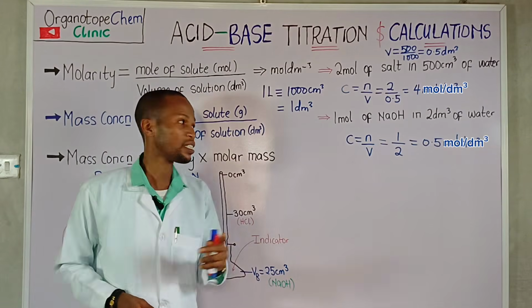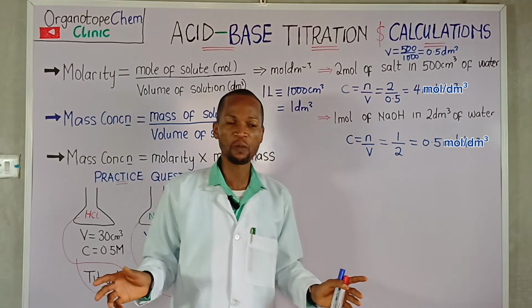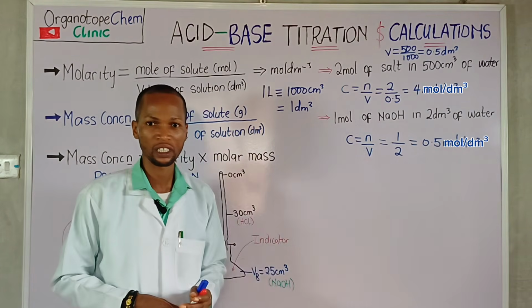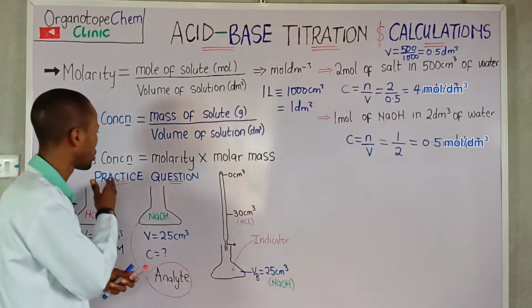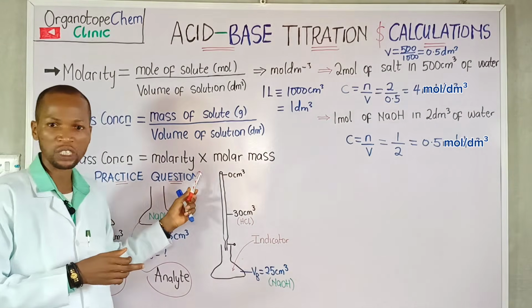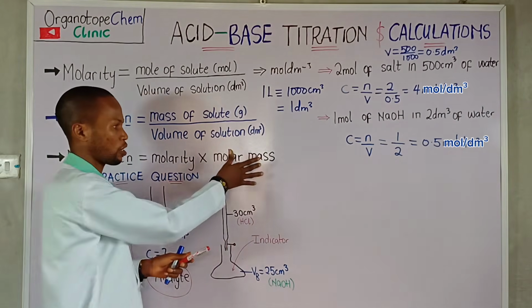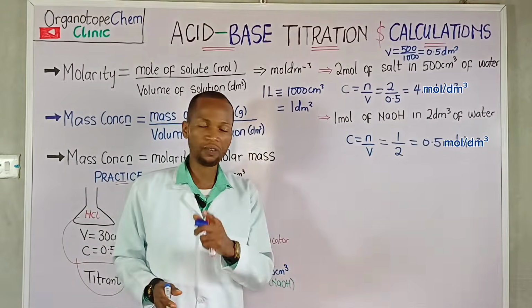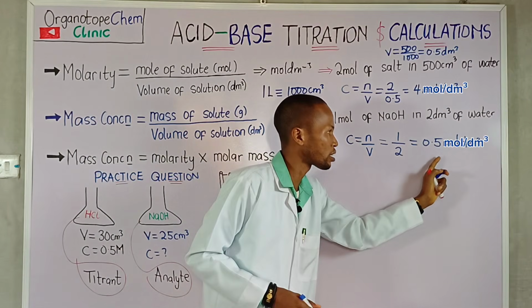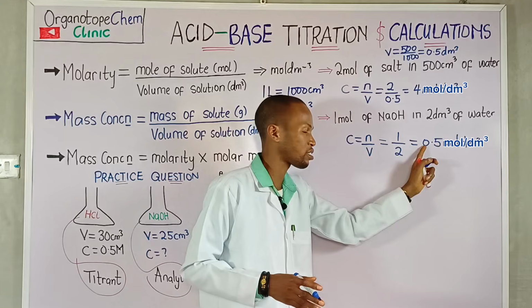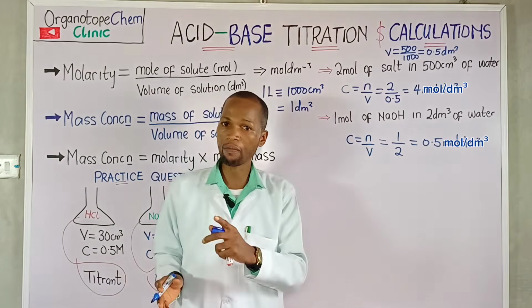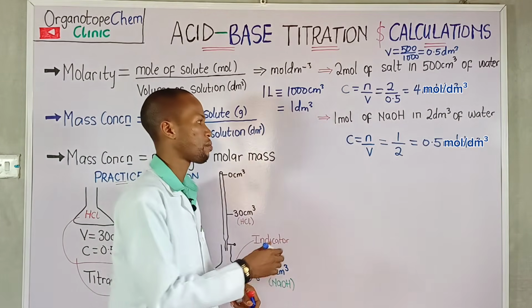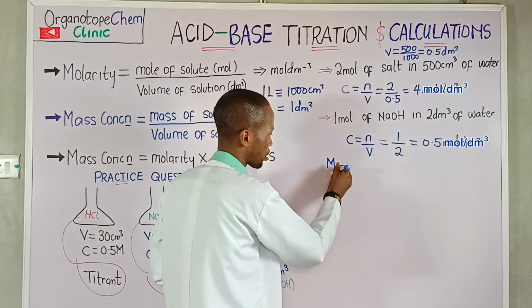Now let's determine the mass concentration of sodium hydroxide in this solution. So we have the expression mass concentration equals molarity times molar mass. This equation is suitable. Can we observe closely? The molar concentration of the sodium hydroxide is 0.5, but the molar mass is unknown. Let's determine the molar mass of sodium hydroxide.